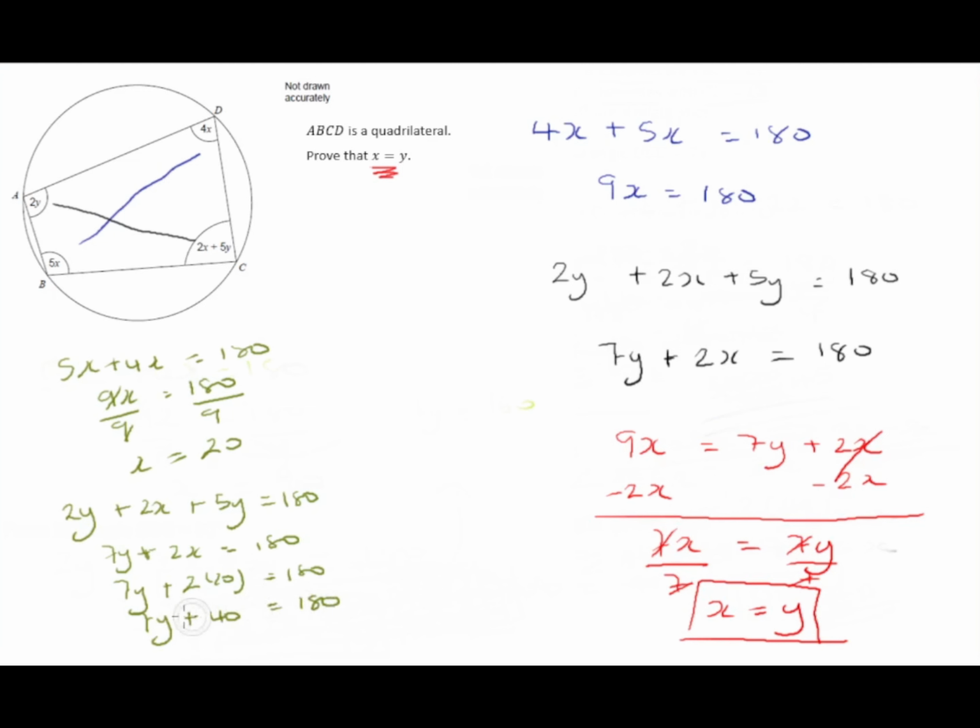To solve for y, we're going to subtract 40 from both sides. If we subtract 40 from both sides, we will be left with 7y is equal to 140.